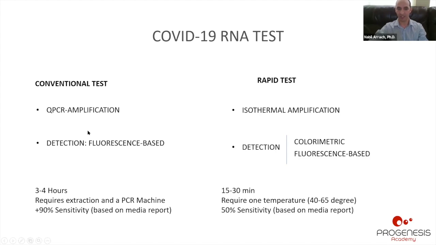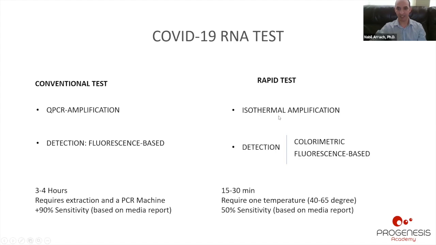I'm going to go into that in a little more detail later. It takes about 3 to 4 hours, including the preparation, extraction, the testing, and the result interpretation. And typically an RT-PCR should have at least 90% sensitivity.